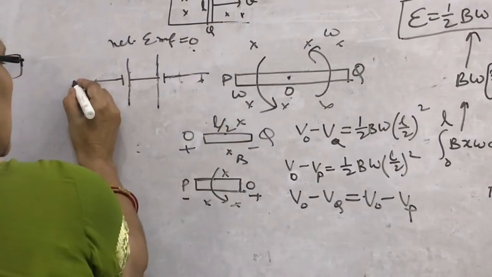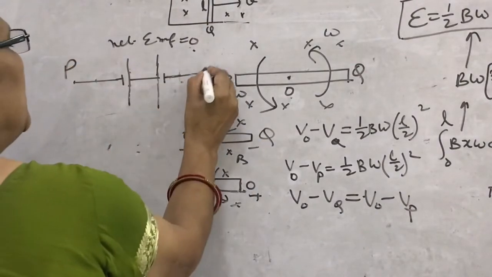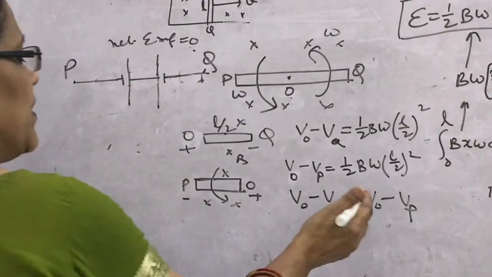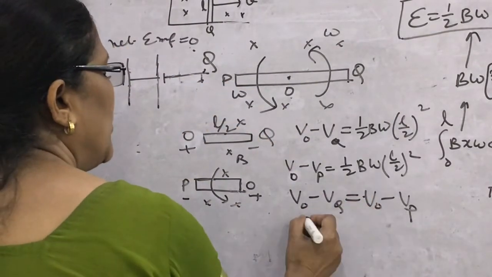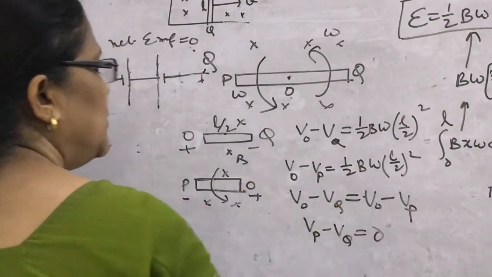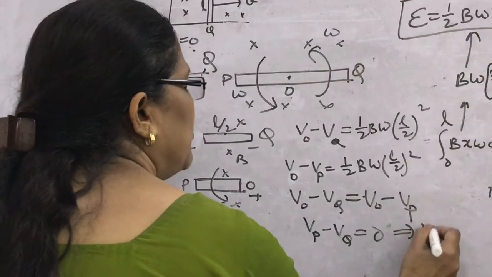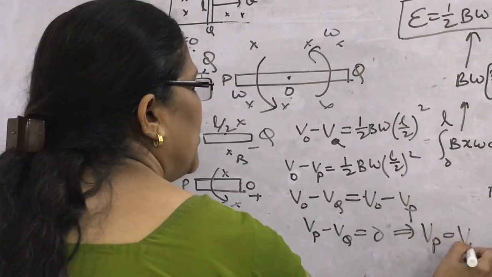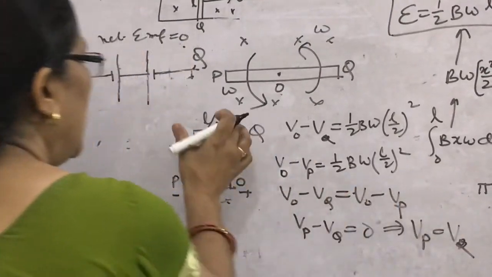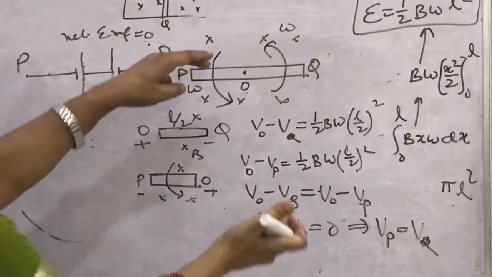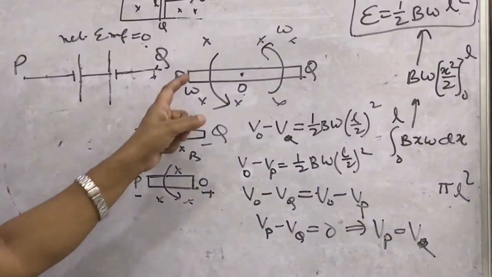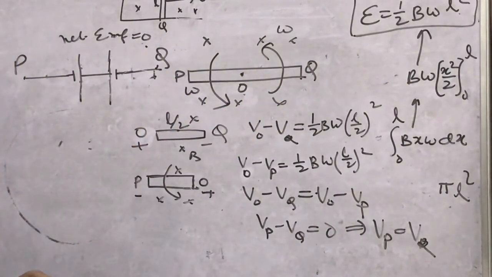That means at the ends P and Q, whatever the potential is, it is the same. You can also find that VP minus VQ will become 0, which implies VP equals VQ. What I mean to say is that both ends of the rod, if the rod is rotated about the midpoint, will be at the same potential.